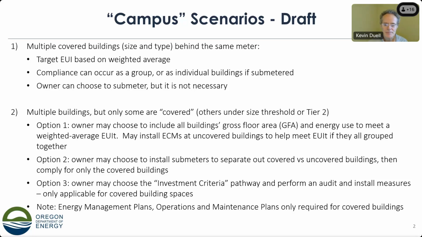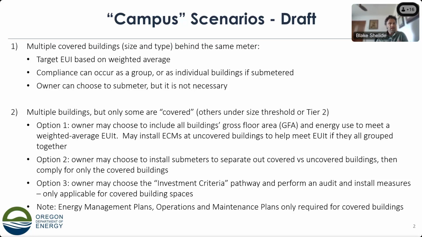Mm-hmm. Yeah, so it's easy when all of the buildings have a target, right? But for some buildings, like a building use without a target, if we don't have a target for that sort of a building, then you can't generate a weighted average for that entire building.